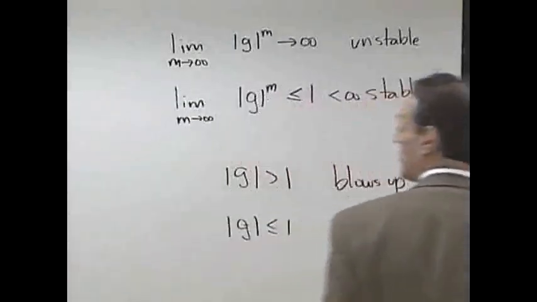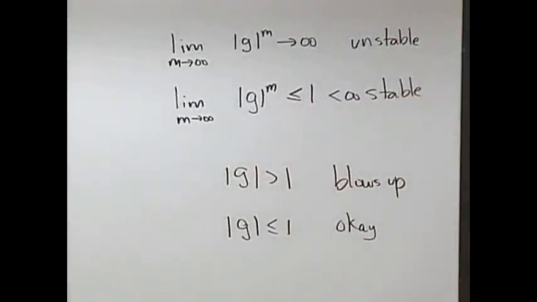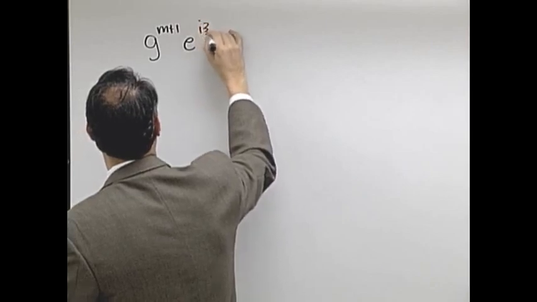So we're going to plug that ansatz in. What we're going to get, first off right away, is the following. G of m plus 1, because I'm evaluating u at m plus 1, so that I get an m plus 1 here, times e to the I sigma n h.